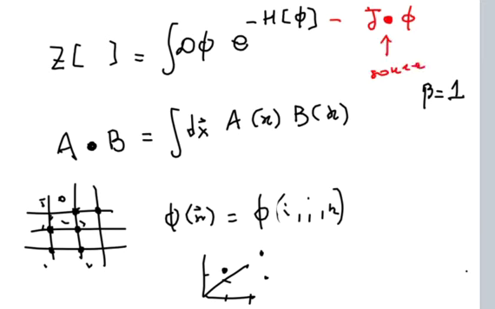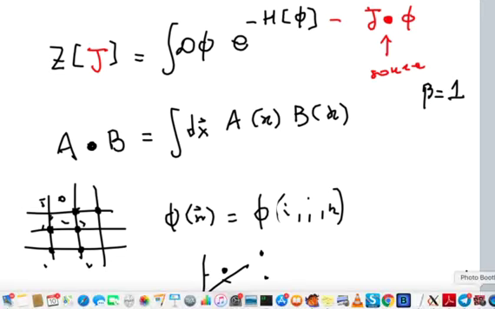Now, once you include interaction with the source, then your partition function depends on the value of the external source you use. We mentioned that in the specific example of the Ising model, the source could be a magnetic field. And so it's up to me to choose how the magnetic field that I apply on my system looks like.